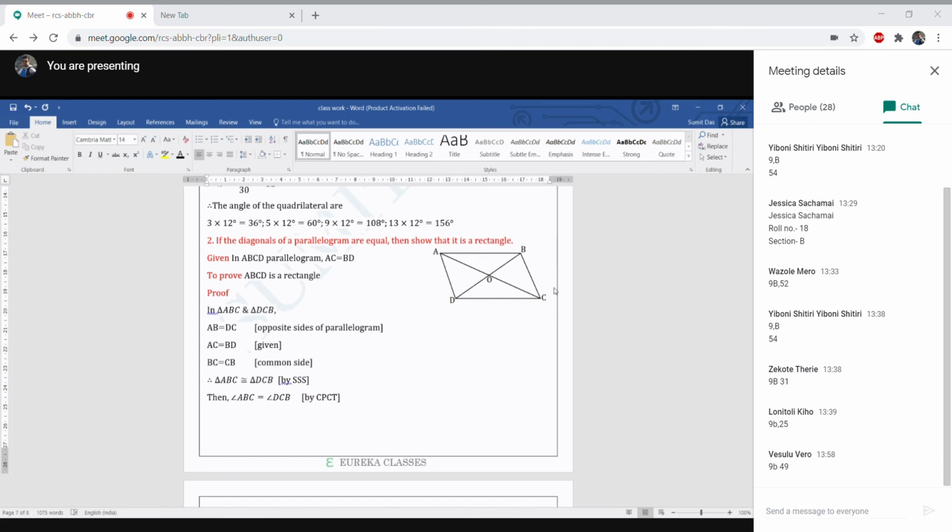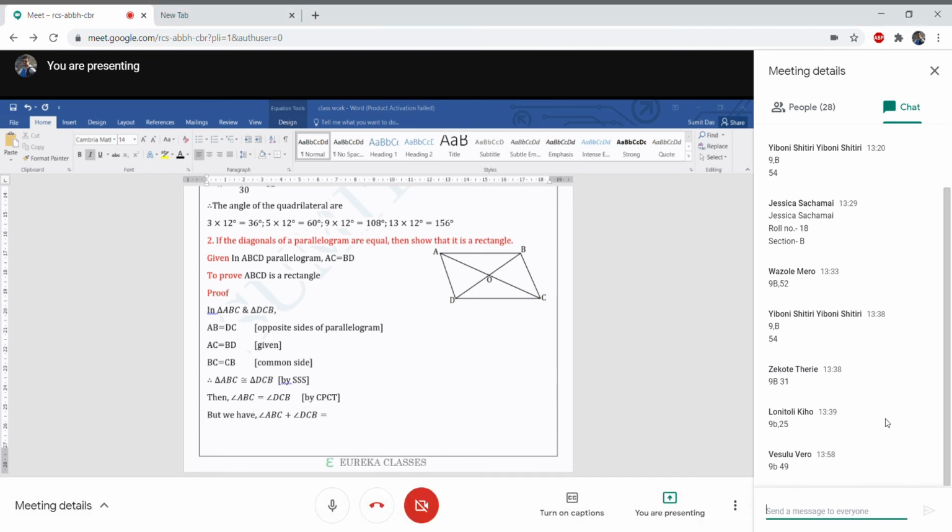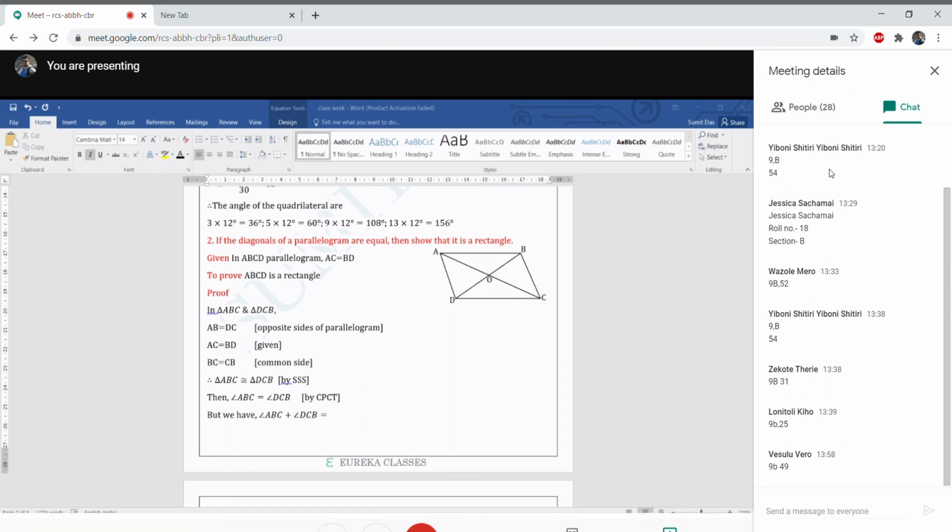Okay, fine. Now, can anyone tell me what is the sum of these two angles, ABC and DCB? Anyone? Tell me what is the sum. I'm still saying that I did not ask for the roll numbers.